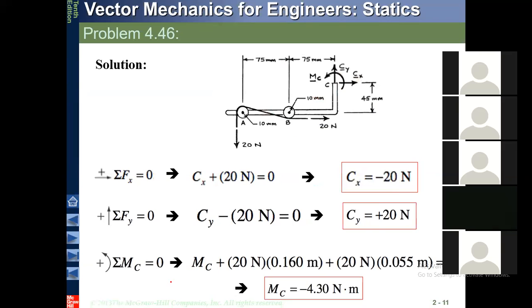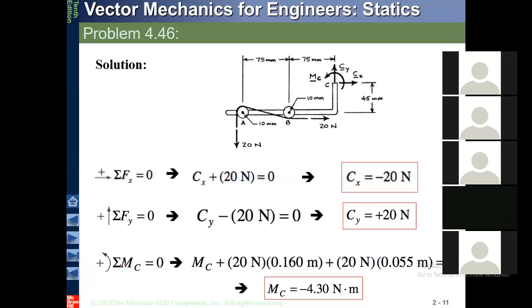And in order to get the last unknown, the moment, the couple at point C, basically, you can take any point in this space to derive this, but if you take point C, then you would eliminate Cx and Cy moments around point C. So this would be the best choice.